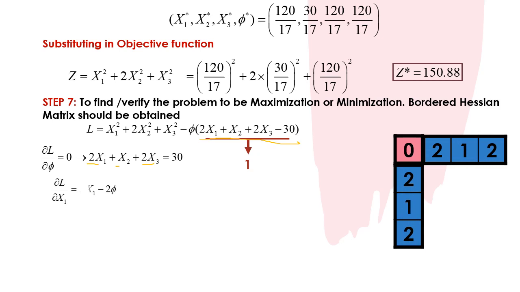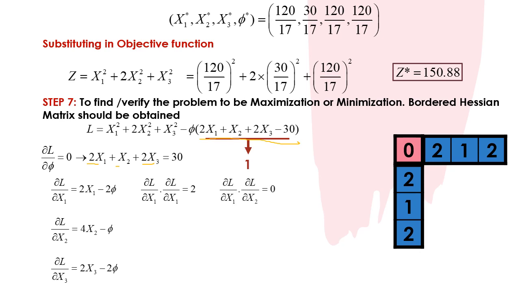The next one is I have to identify the values. Since we have 3 variables, I will partially differentiate with respect to 3. Dou L by dou x1, I will get 2x1 minus 2 phi. Dou L by dou x2, I will get 4x2 minus 5. Dou L by dou x3 is equal to 2x3 minus 2 phi. Now, I am partially differentiating these terms again with respect to x1.